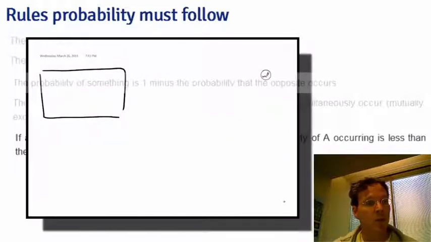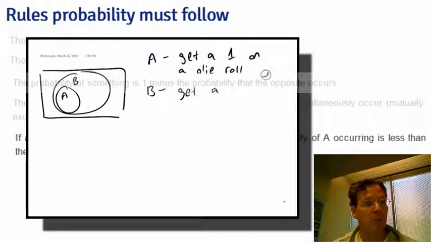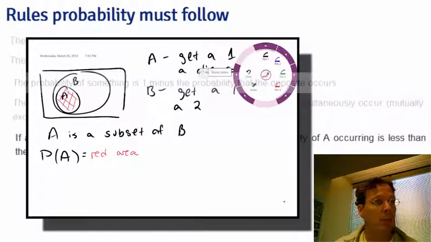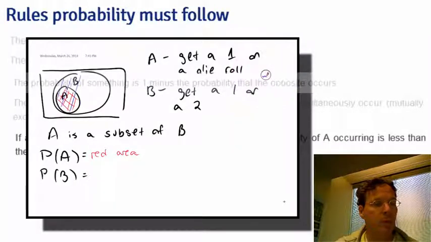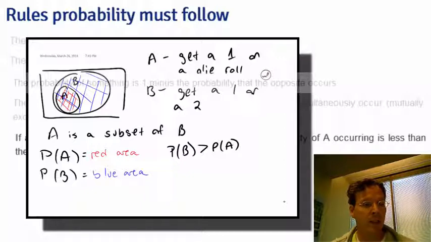The event A lives inside of the event B. So when we talk about the probability of A, we talk about a number assigned to this circle, A. And when we talk about B, we talk about the probability assigned to this circle that includes the area of A. So it would make sense that the probability of B was larger than the probability of A. So I think we intuit this very easily. For example, the probability that we get a 1, the set A, is less than the probability that we get a 1 or a 2, the set B.